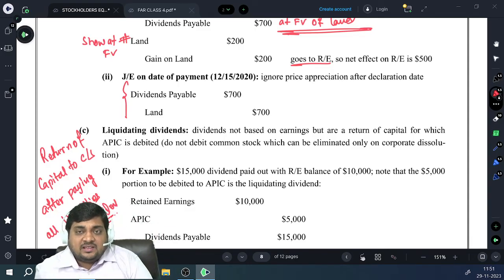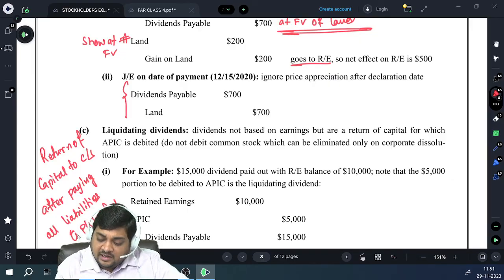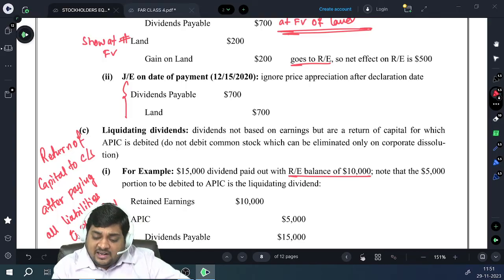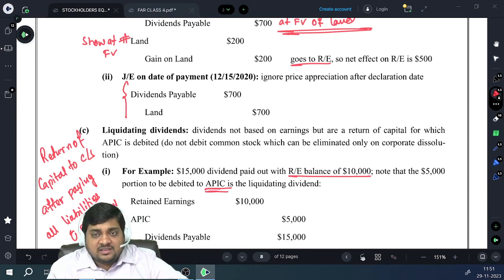So you are paying 15,000. Now you had a 10,000 retained earnings balance. To the extent you have accumulated reserves in your balance sheet, to that extent it will be regarded as dividend payable, and the balance will be regarded as return of capital, which will be debited to additional paid in capital. I gave 15,000 dividend.